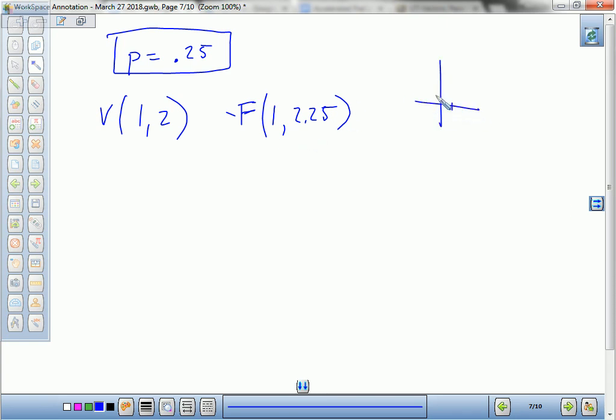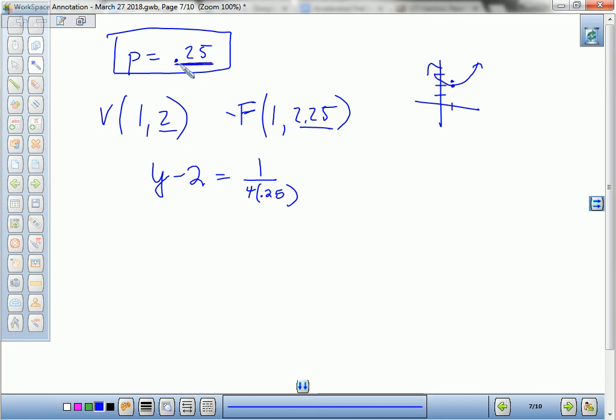Okay, so I've got the vertex at (1, 2) and the focus at (1, 2.25). So I know it's opening up. Okay, so it's going to be y minus my y value equals 1 over 4 times 0.25, because the distance between here and here is 0.25.